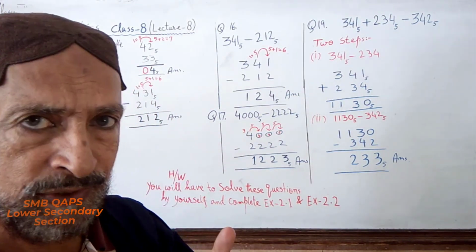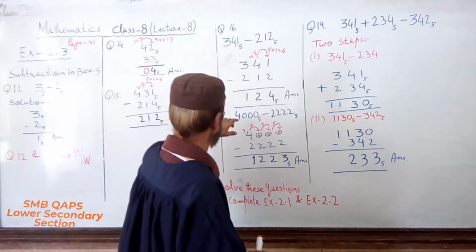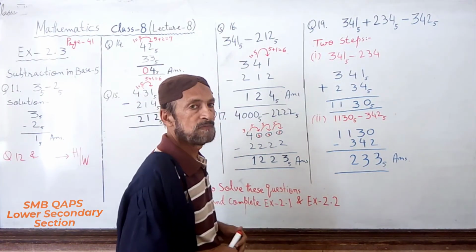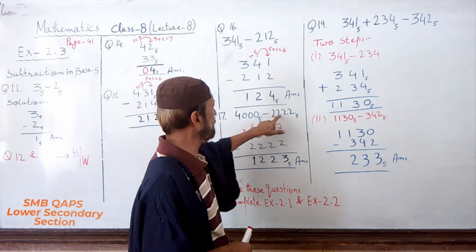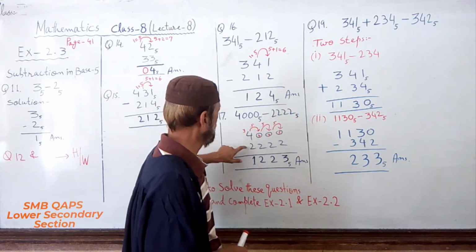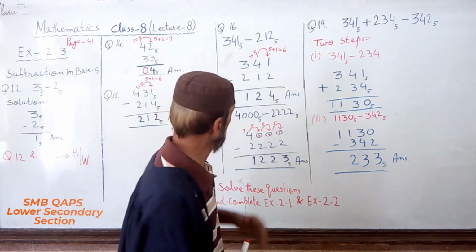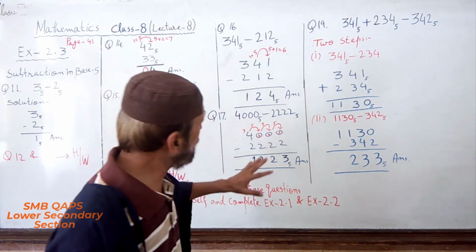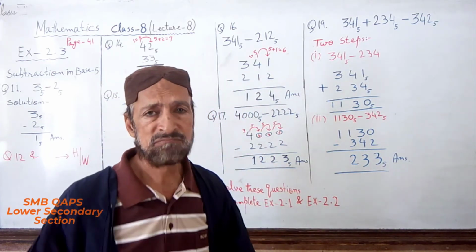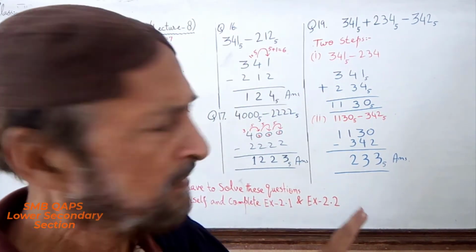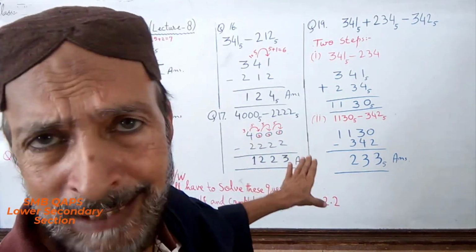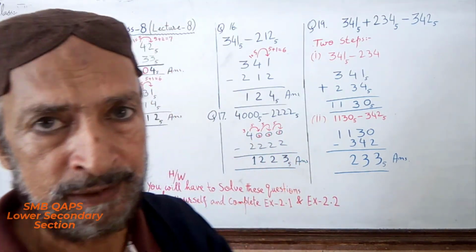Try to understand it. 4000 minus 2222. Understand? See, I wrote everything over here. Just concentrate upon this calculation. You will understand that.